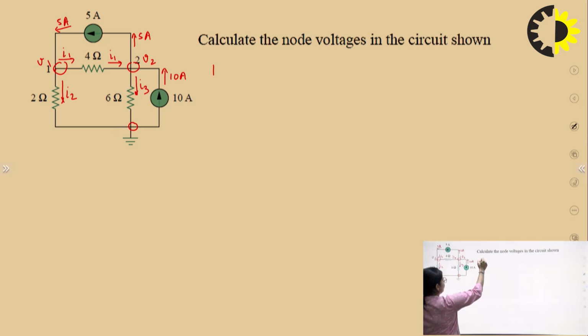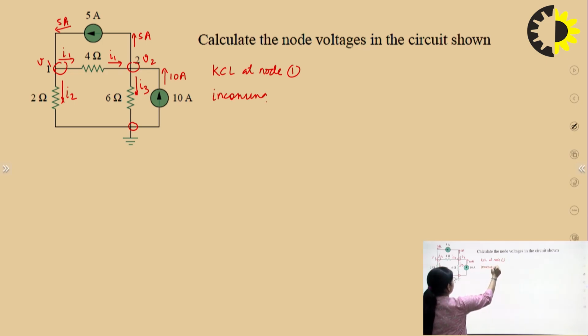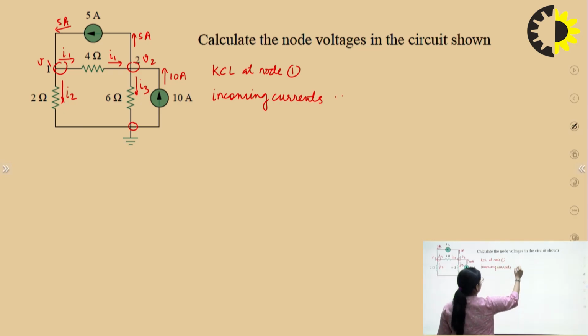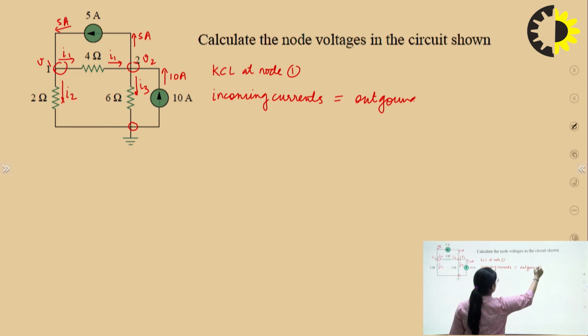Now, apply KCL at node 1. What does the KCL say? The KCL says that incoming currents at node 1 must be equal to outgoing currents.